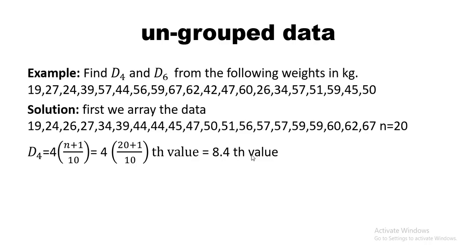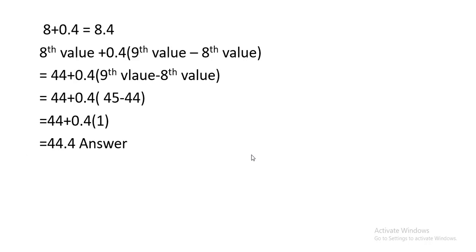I'll tell you how to find the exact answer for the 8.4th value, how to determine this position. See, 8 plus 0.4 gives you 8.4. We are looking for the 8.4th position, so 8.4 can also be written as 8 plus 0.4.